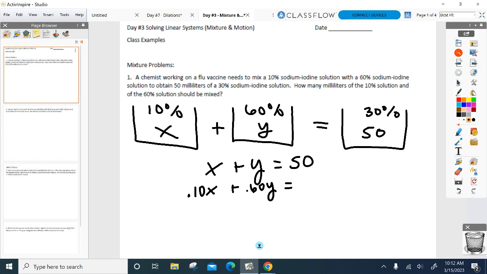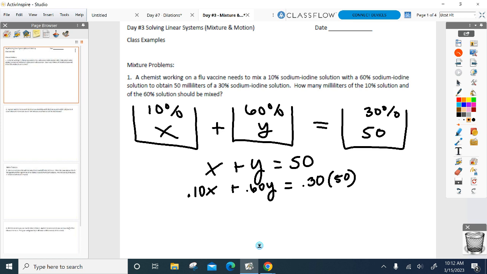Watch now what happens on the other side. Ready? Okay, 0.30. What am I going to multiply it by? Follow my pattern. 0.1x plus 0.6y equals 0.3 times how much do I have? 50.